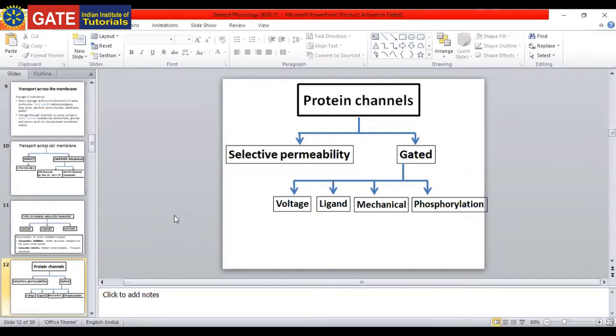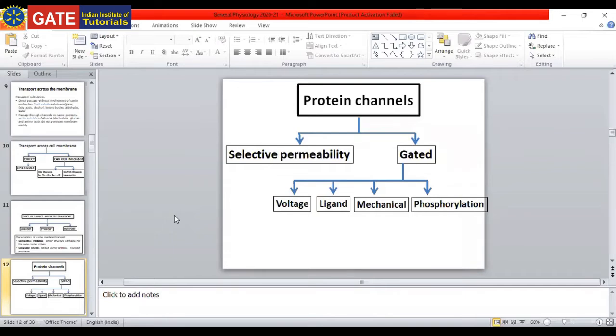Which is the other type of receptor? Muscarinic. Very good. So when this ligand, the acetylcholine, binds to the acetylcholine receptor, there will be opening of the sodium channels, because the acetylcholine receptor itself acts as a channel.